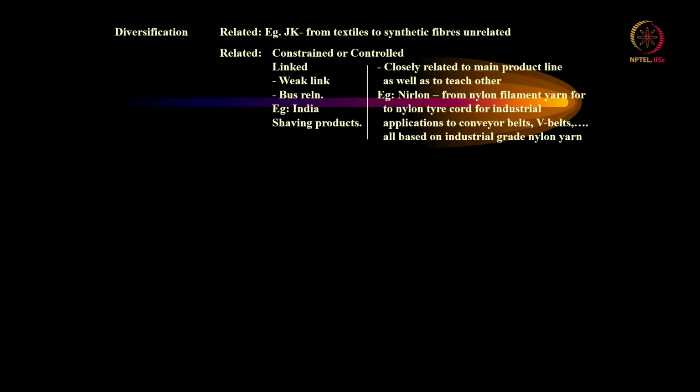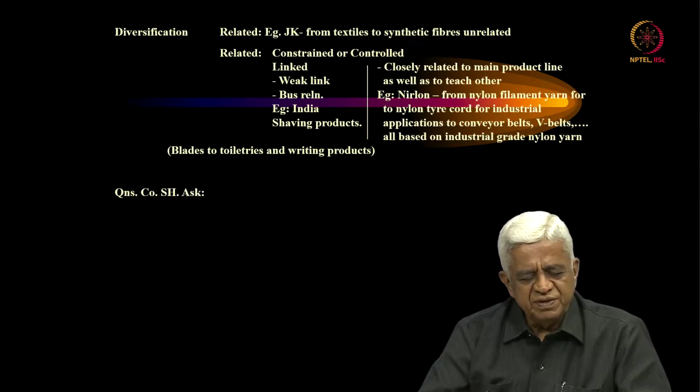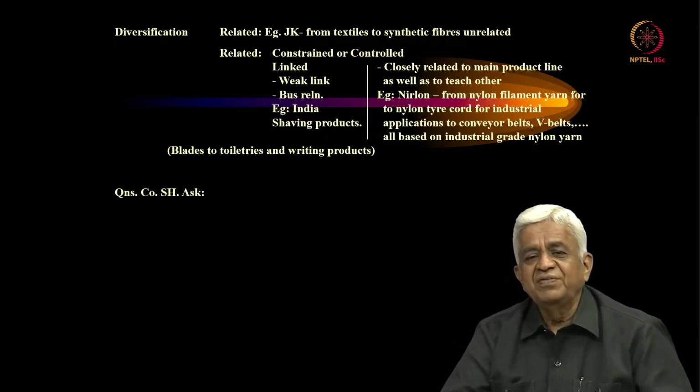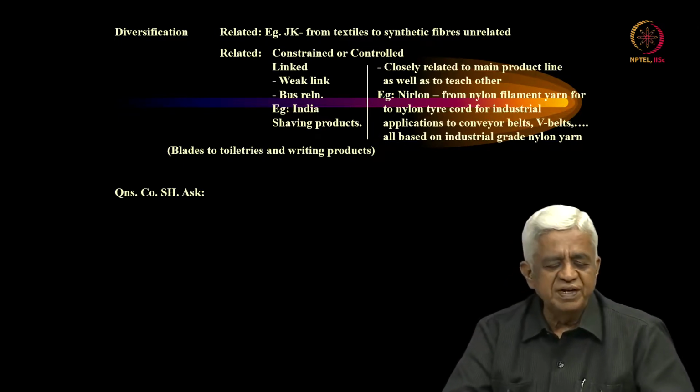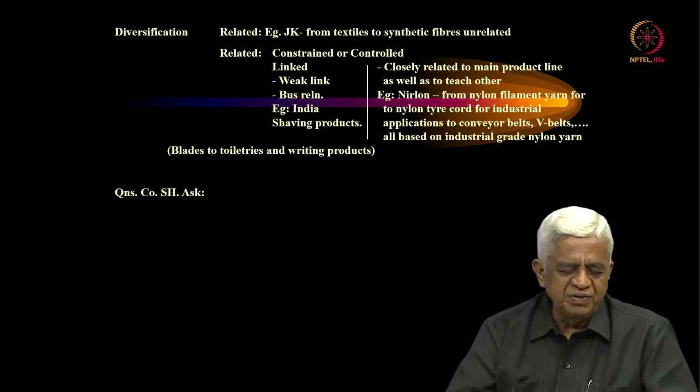I have taken an example of JK Synthetics. So, moved from textiles to synthetic fibers, unrelated. Related diversification, constrained or controlled. If it is constrained, it can be linked. When it is linked, you find out whether it is a weak link or it is business relation.